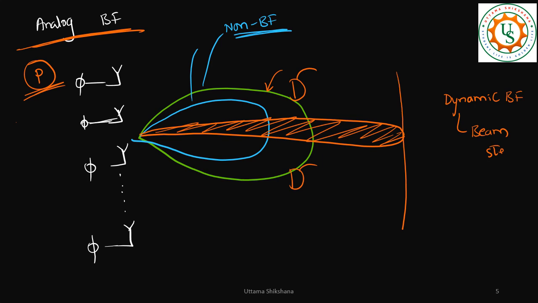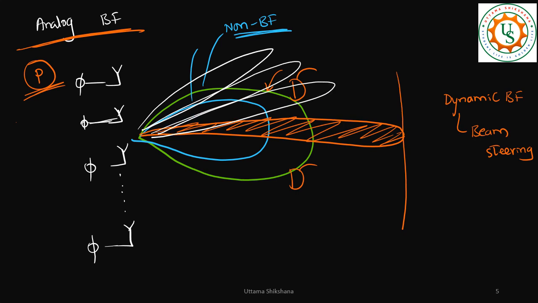Since we don't know where the UV position is, first we need to steer the beam from different angles. So we need to steer the beams in these angles. Then we get to know that in the third beam we will have this UV, and that the beam number 7 has this UV.